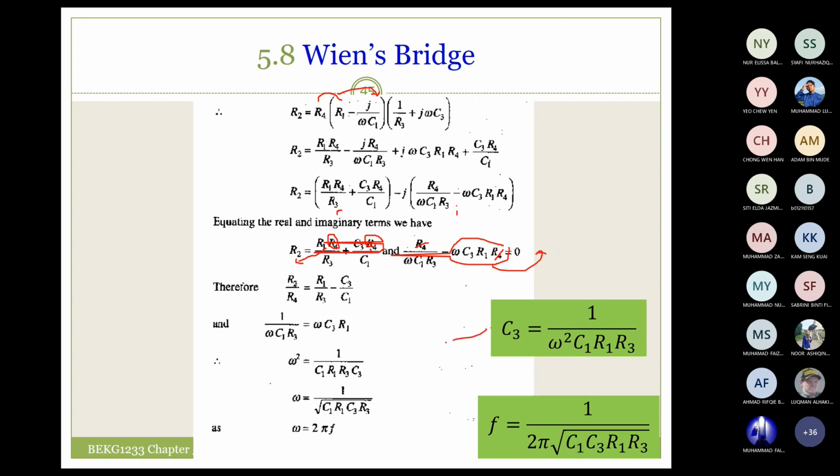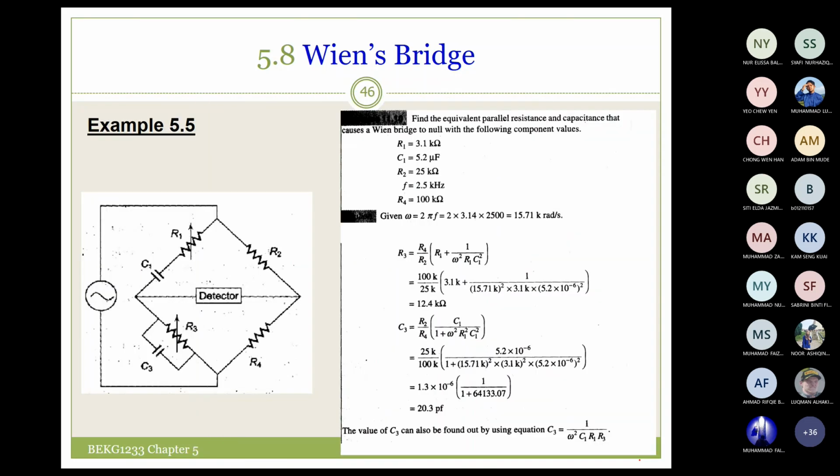This you get from here, and this you get from here. Then F is equal to 1 over 2 pi root C1 C3 R1 R3.